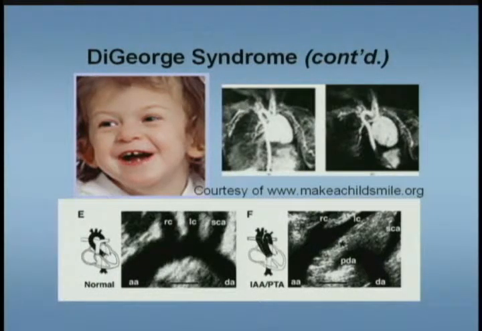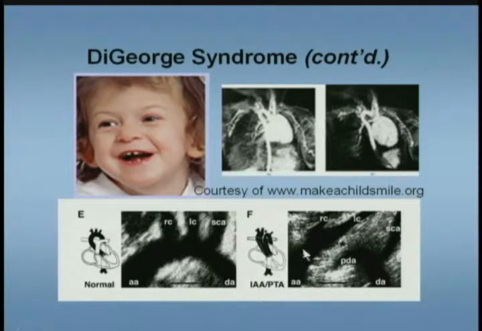Here's a child with DiGeorge syndrome. You really can't see the low-set ears here, but you can see the wide-spaced eyes, okay, and a tinier chin and jaw. Down here on the bottom, this is the normal anatomy, and you'll see that the aortic arch comes up, and there's the descending aorta. However, in this particular patient, they have an interrupted aortic arch, and actually, if you look at the drawing, it's more of a conotruncal defect.